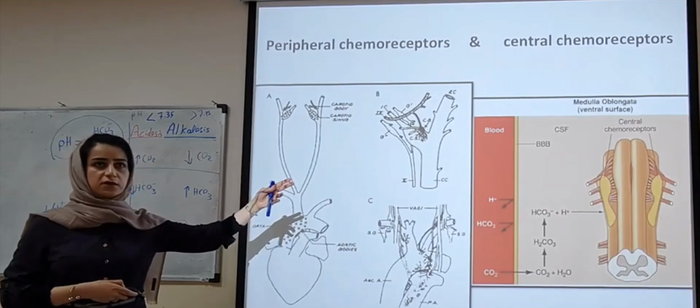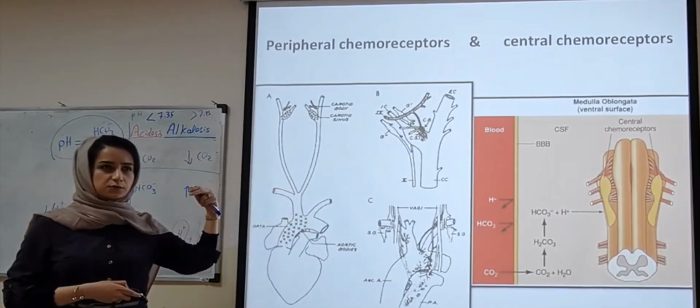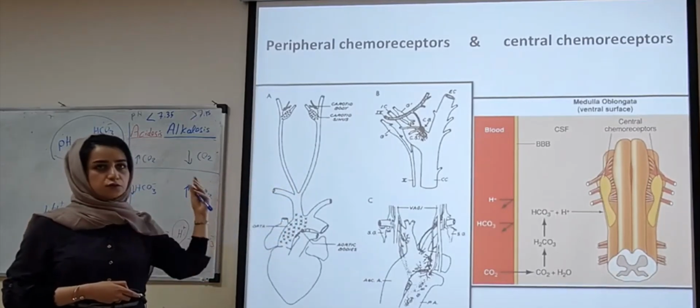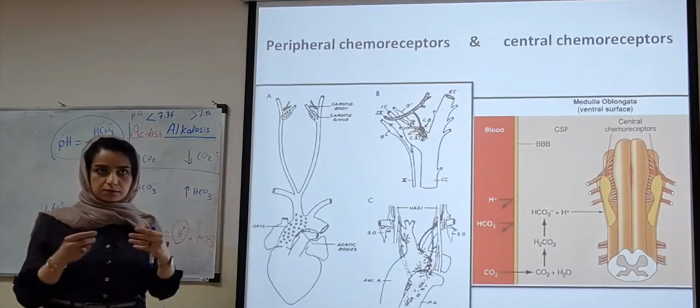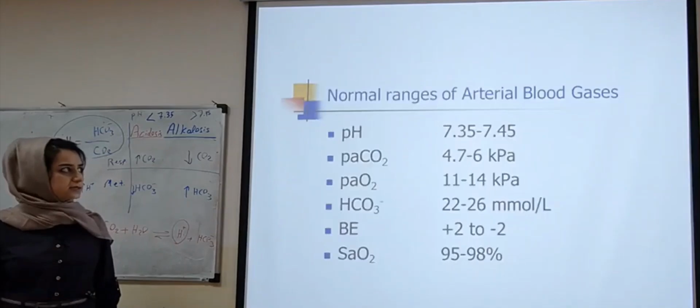While in the central one it is not so rapid, because there is a short delay until the CO2 diffuses into the CSF.